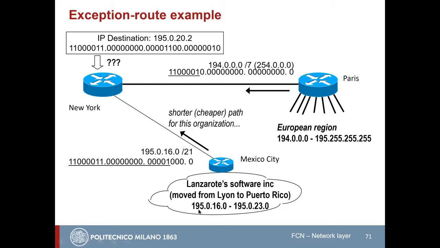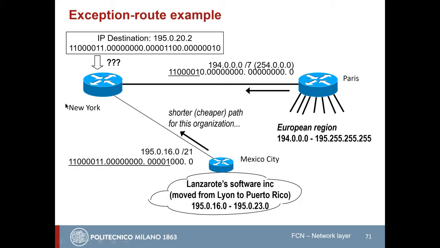So in this case, this is the block that goes from 195.0.16.0 to 195.0.23.0. Okay. So it corresponds to the network 195.0.16.0/21. This is a subblock of the more general European block, but it is located in another place.